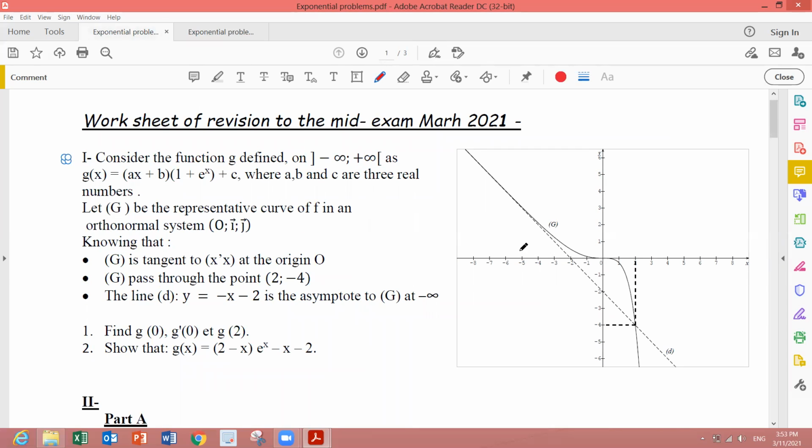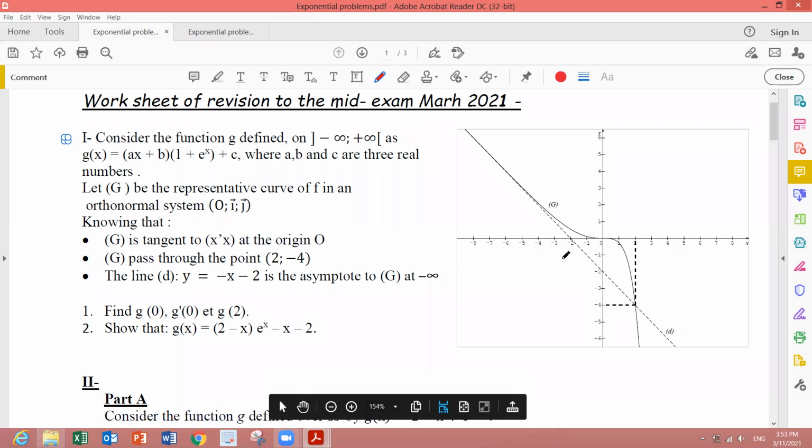Ax plus b into 1 plus e to the x. Let G be the representative curve of this function. G cuts the x-axis at O here.